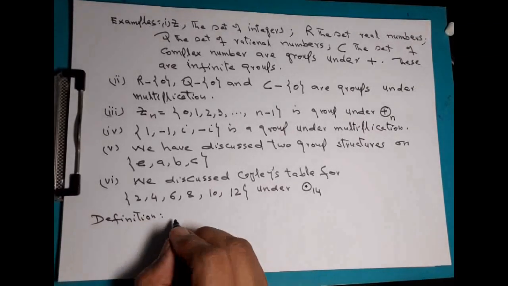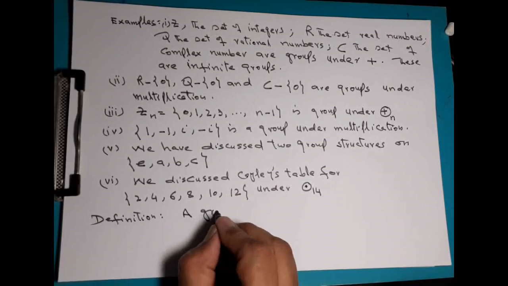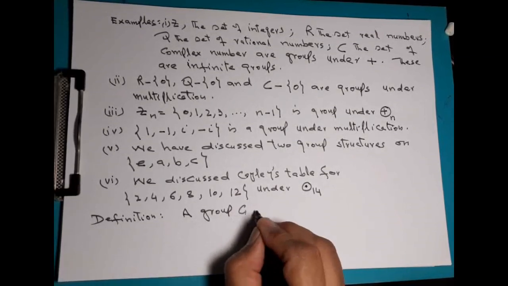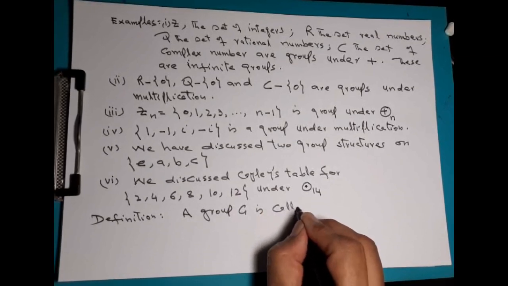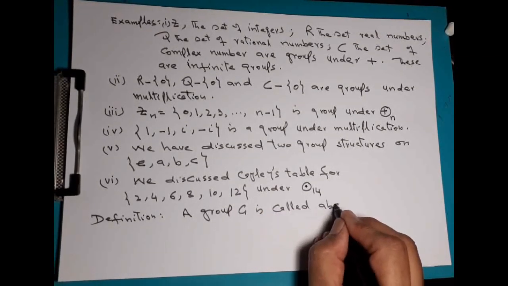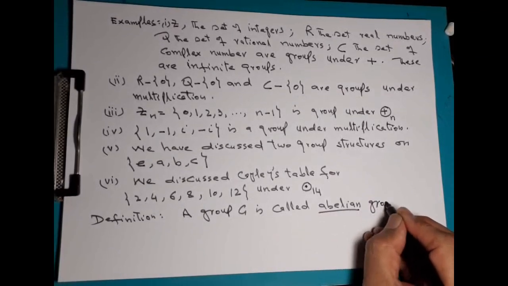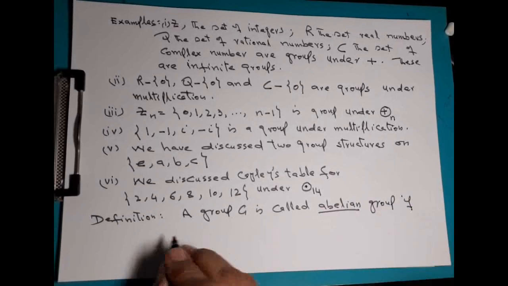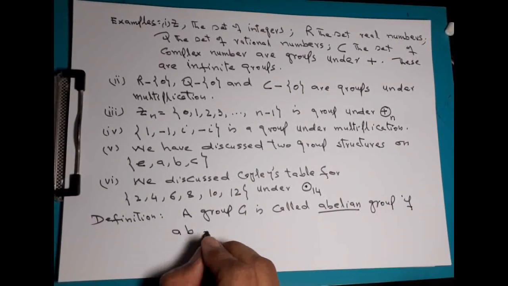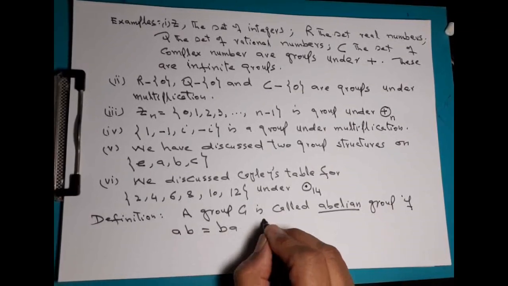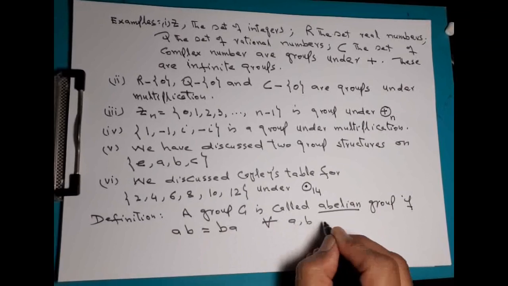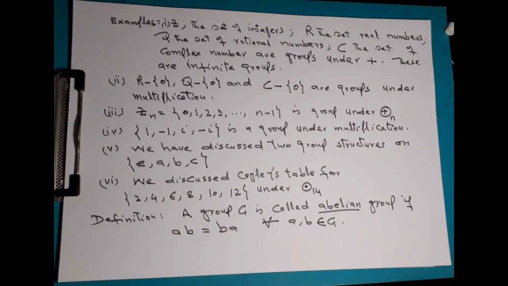A group G is called an abelian group if A multiplied with B is equal to B multiplied with A for all A, B belonging to G. So a group is an abelian group if the binary operation defined in the group is commutative.